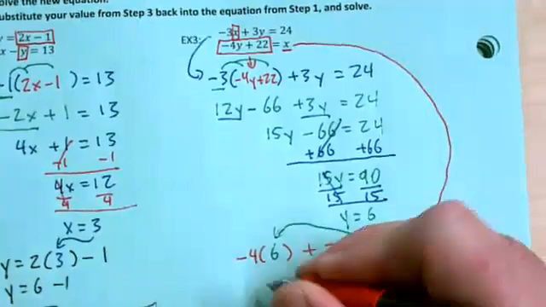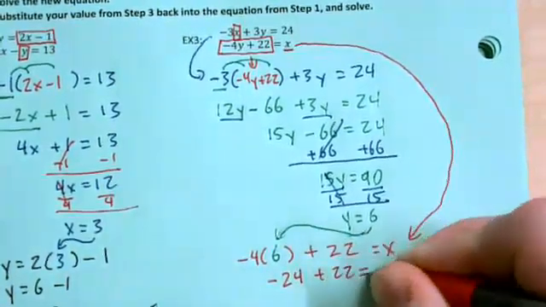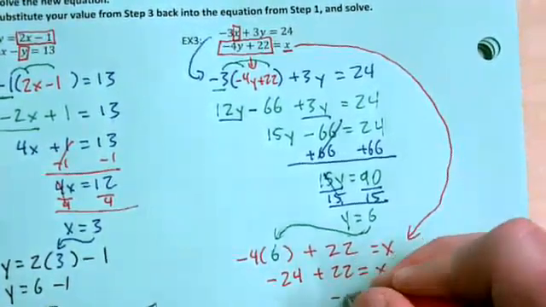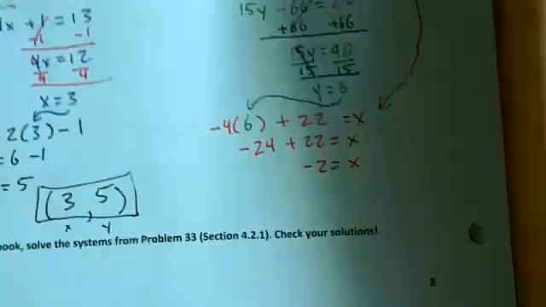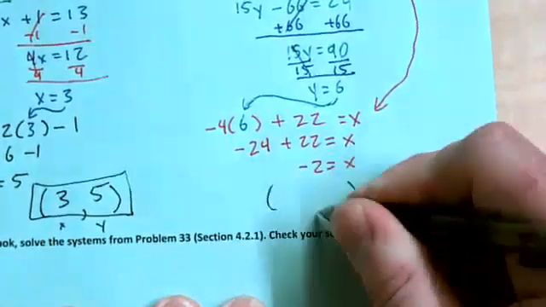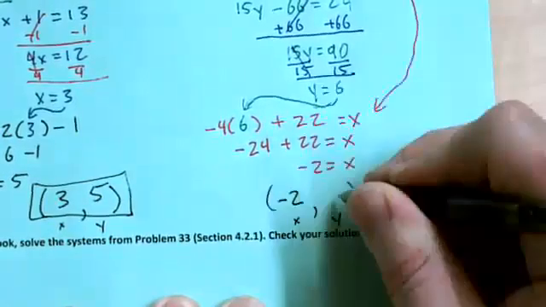Negative 4 times 6 is negative 24. And negative 24 plus 22 is negative 2. All right, so we have our x and our y values now. So we have everything we need for our solution, which is negative 2 for the x, 6 for the y.